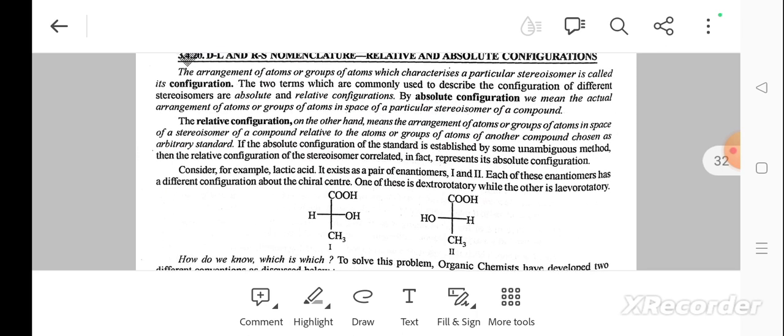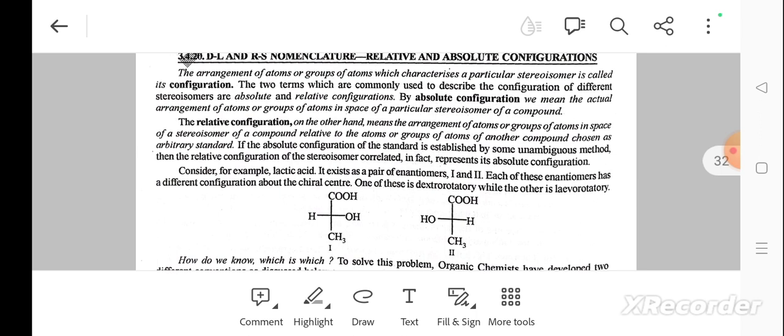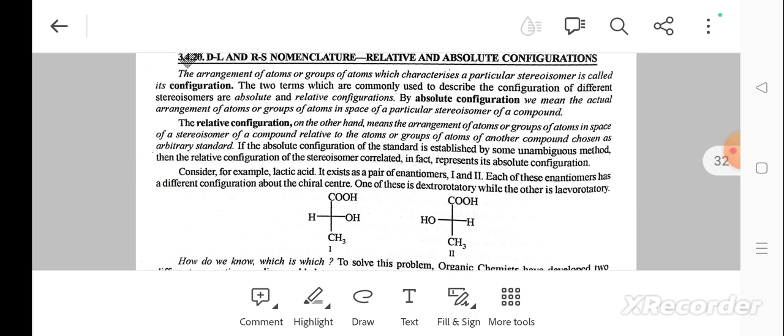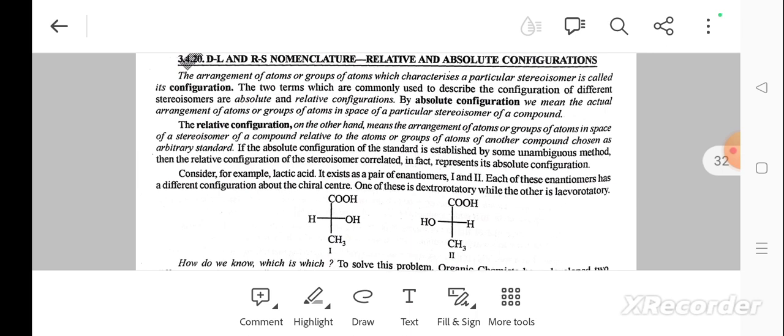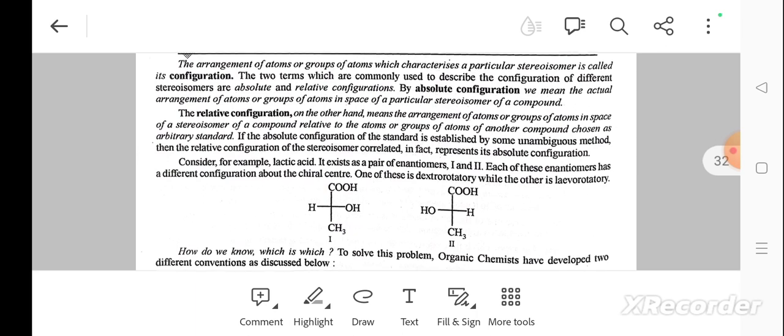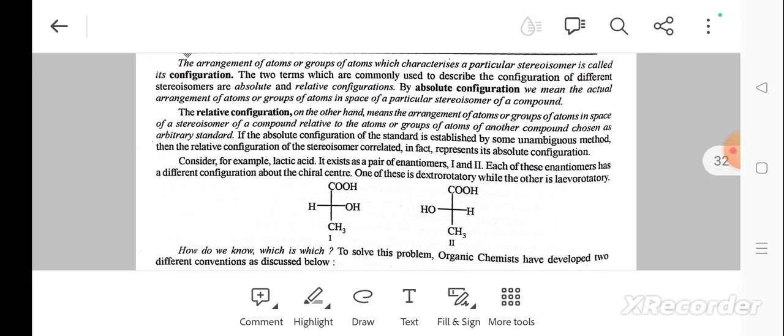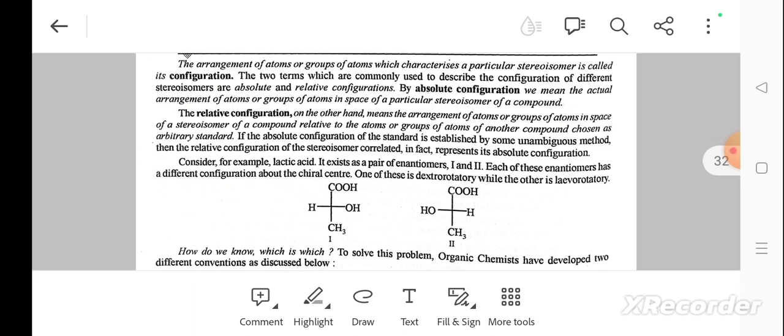The relative configuration, on the other hand, means the arrangement of atoms or groups in space of a stereoisomer of a compound related to the atoms or groups of another compound chosen as an arbitrary standard.